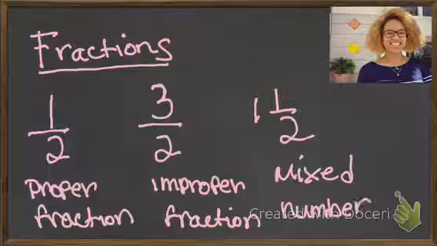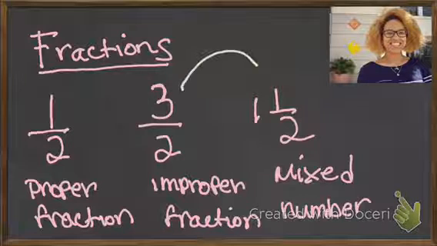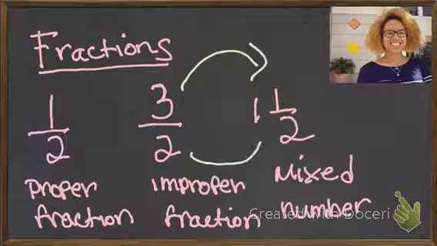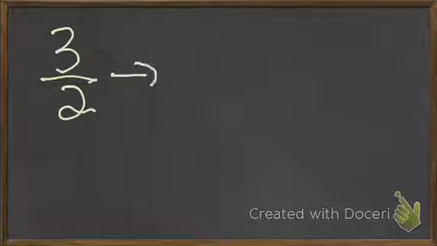Now we're going to learn how to change from improper to mixed number, and from mixed number to improper. Example: if you have 3/2, I want you to change that improper fraction to a mixed number.